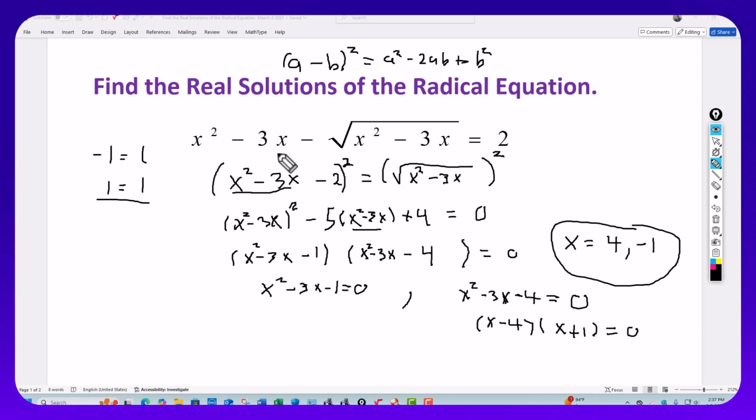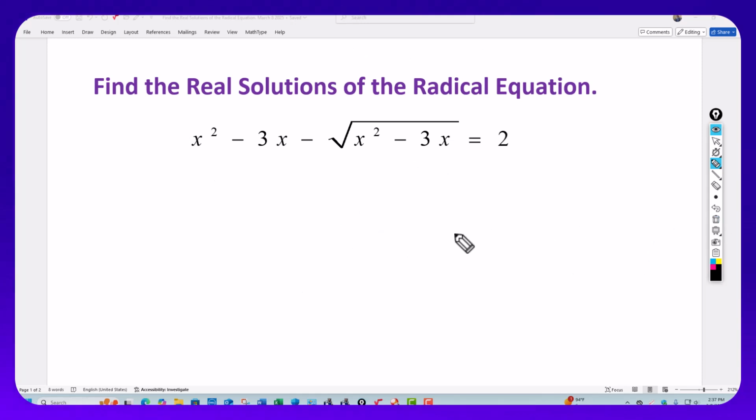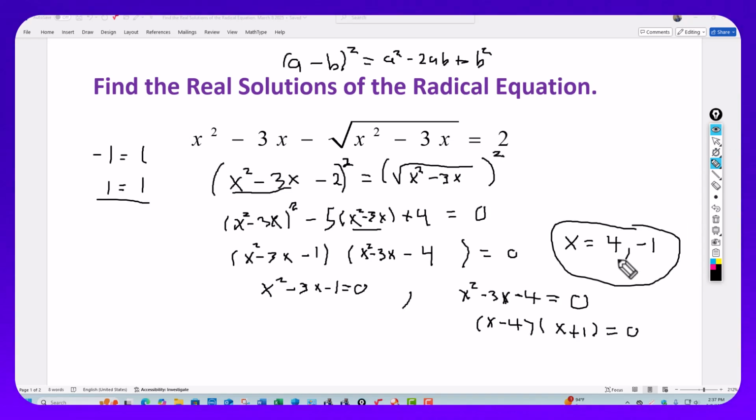So anytime you square both sides of an equation, there's a possibility of introducing what we call extraneous solutions, solutions that will work for the squared equation, but not for the original. So I put here x equal 4 and negative 1 to be solutions, but they're not solutions until you check them.